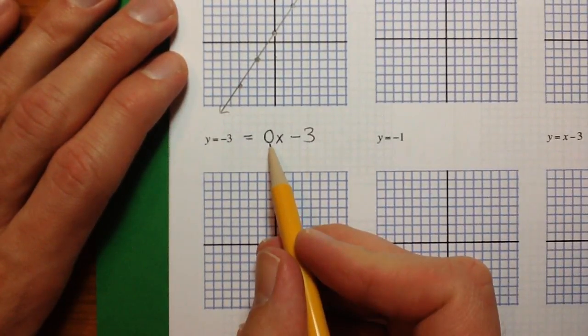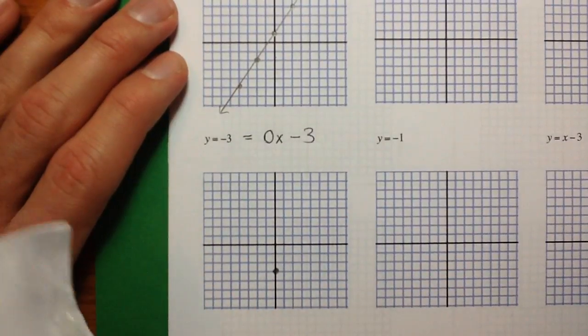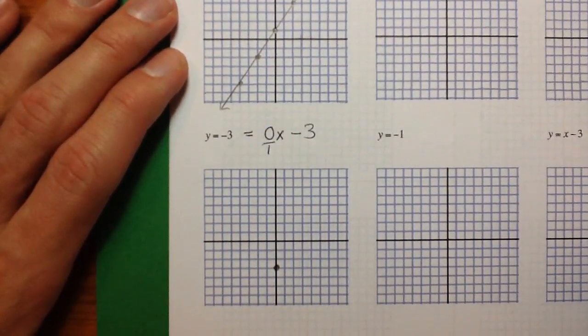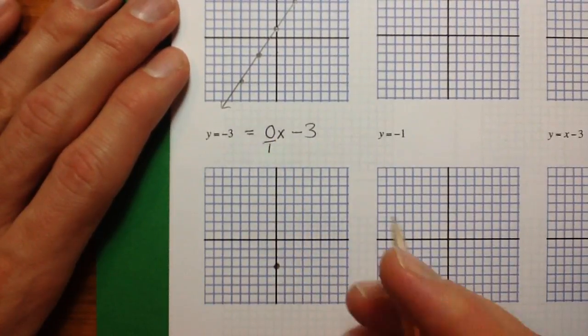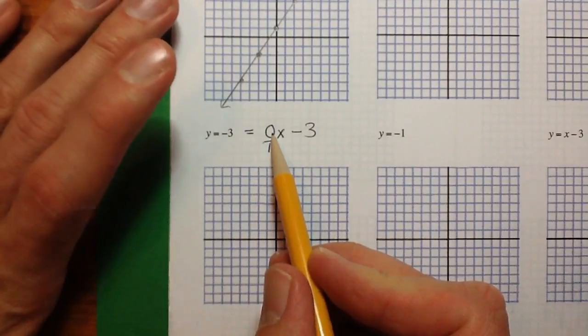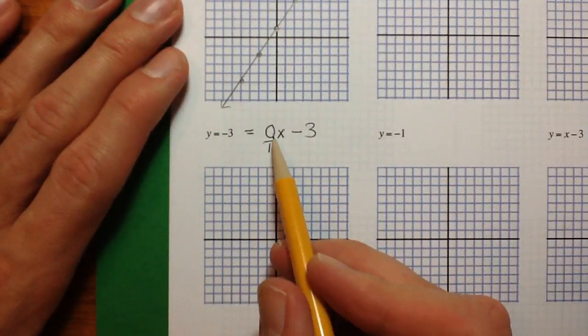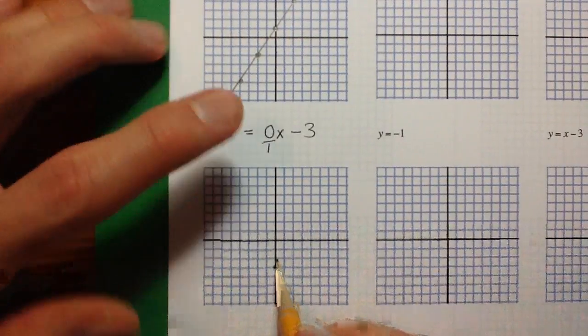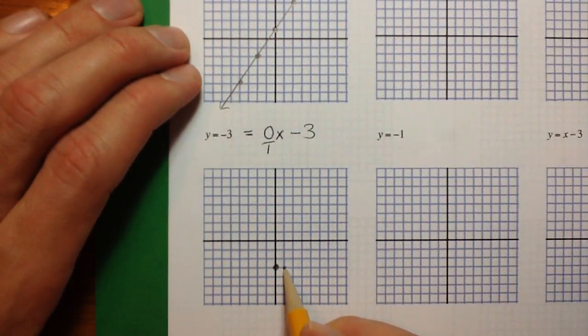Well, I'd love to have a fraction. Let's put it over 1. Our slope is 0 divided by 1. So I will rise 0. That means I don't get up at all. I'm not going to rise or fall at all, it's 0, 1. And then I'll do it again.